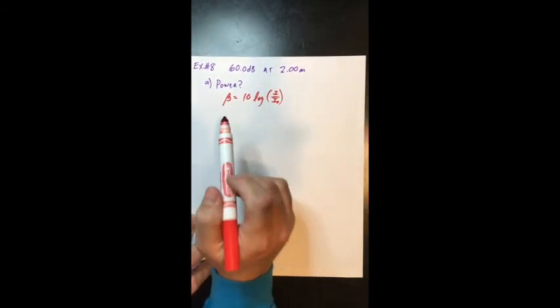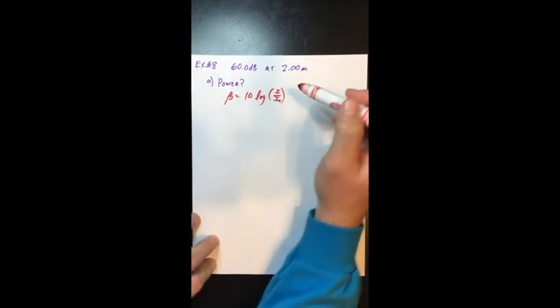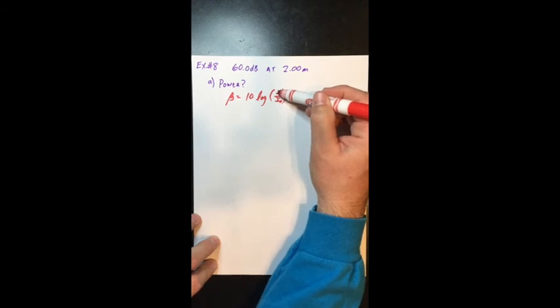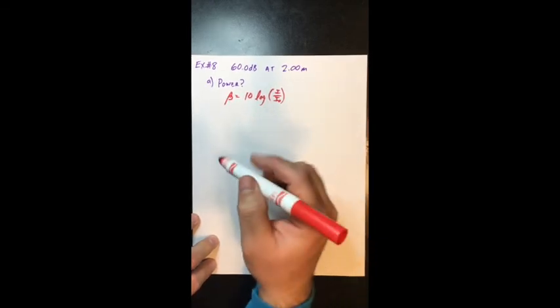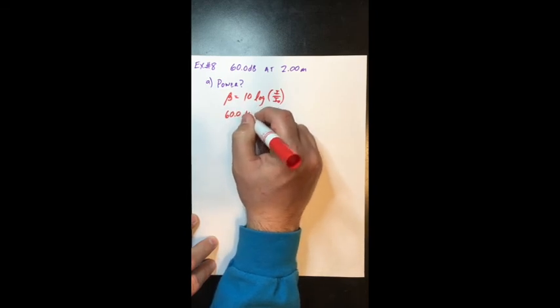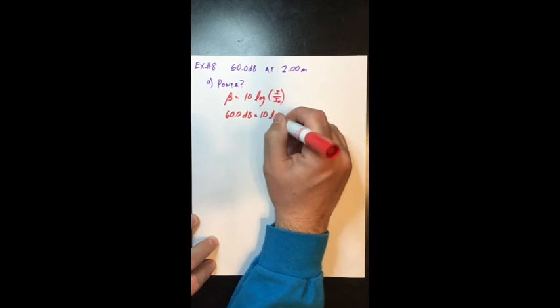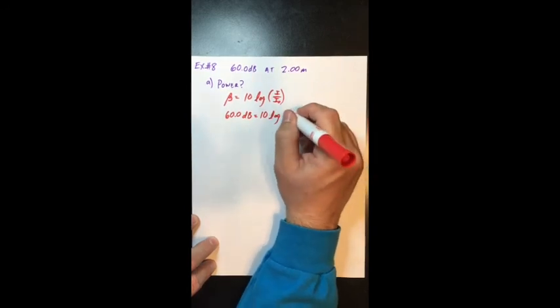Power overall is going to be our intensity times the surface area. So we've got to work our way into finding the intensity, this I. So if we put our 60.0 decibels in there, it equals 10 log of I over I naught.